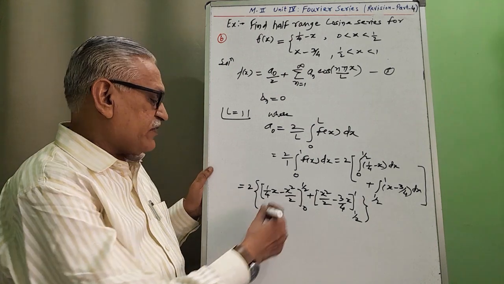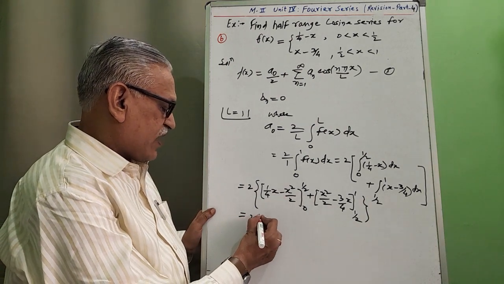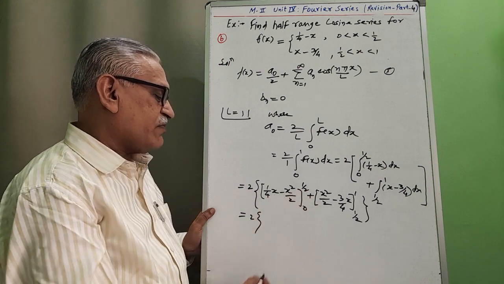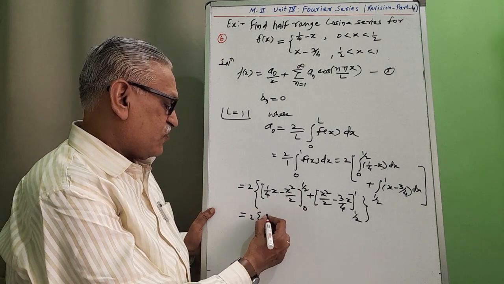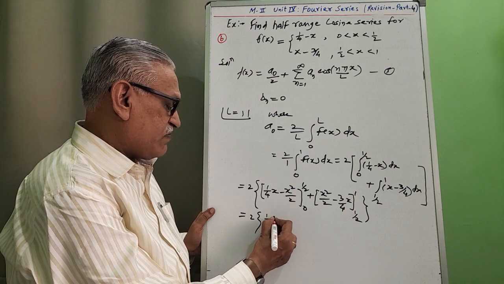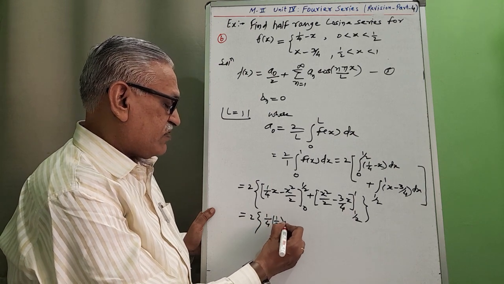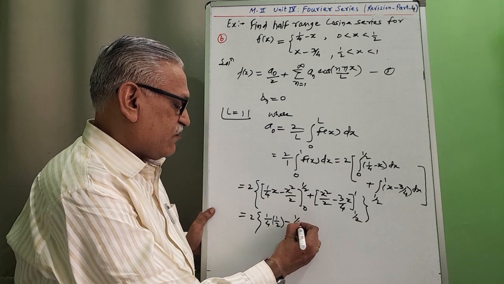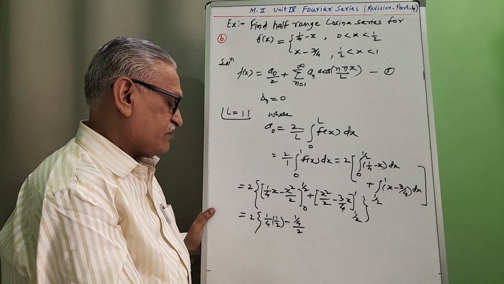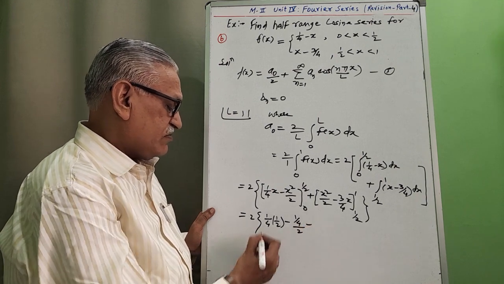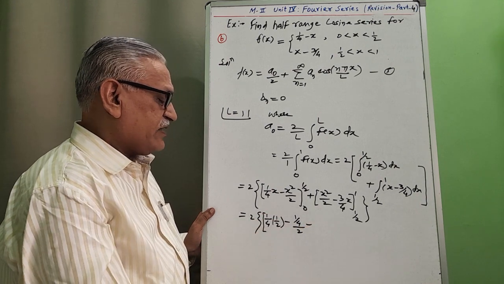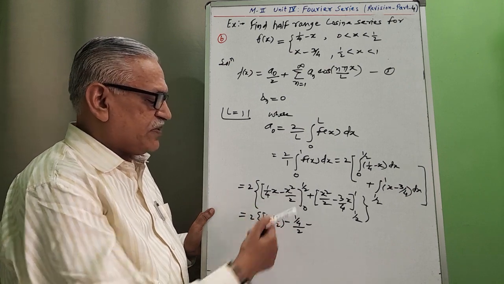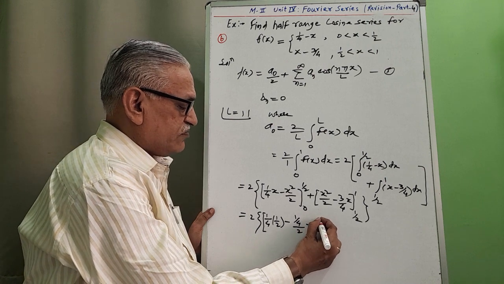Substituting the upper and lower limit, we get 2 times. First, I will substitute the upper limit as 1 by 2. Therefore, 1 by 4 times 1 by 2 minus 1 by 2 square, it is 1 by 4, and divided by 2, minus lower limit x is 0, that both the term becomes 0, therefore minus 0.